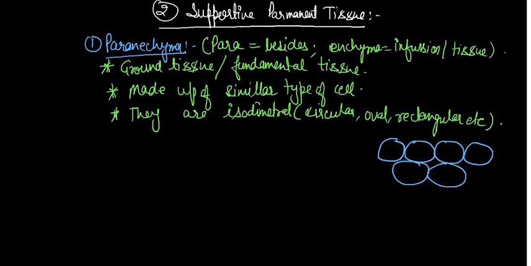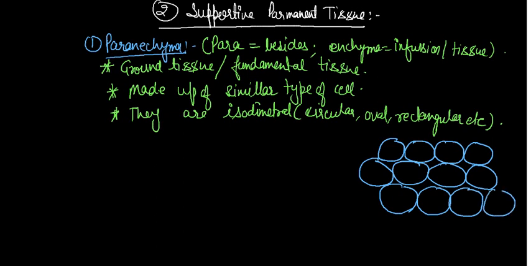The second point is that they are all living cells. In the living cell, all the cells have a nucleus. Later we will label it, but first you see the diagram.